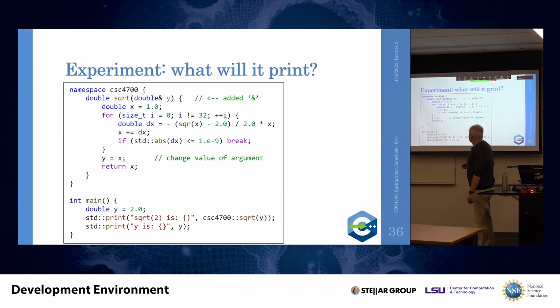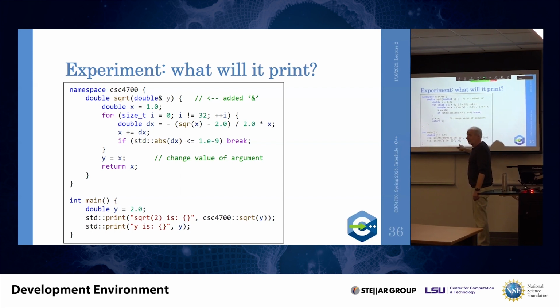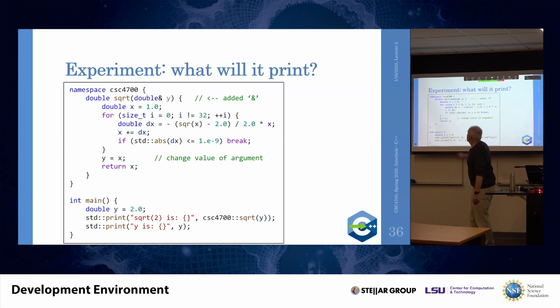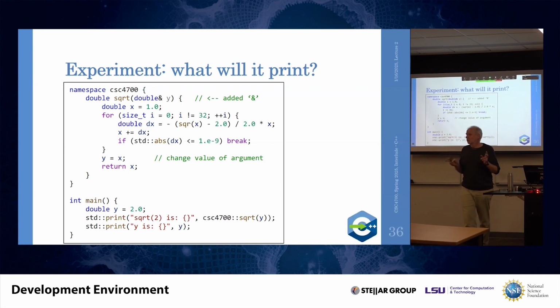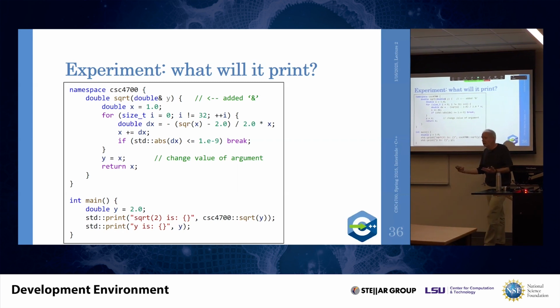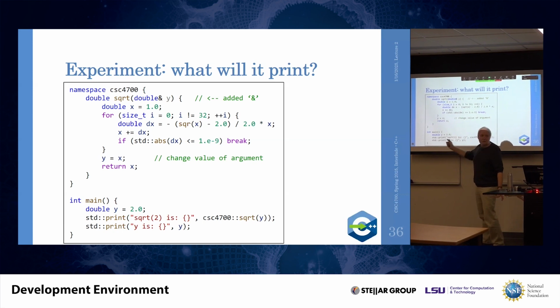It will print the square root of 2, right? Because we told it, hey, this is a reference. So that y and that y are the same variable, refer to the same location in memory. Absolutely identical. It's just 2 names for the same thing. And you can rename that one to XYZ or whatever. It wouldn't make a difference.